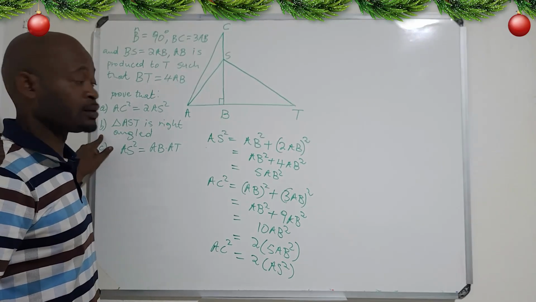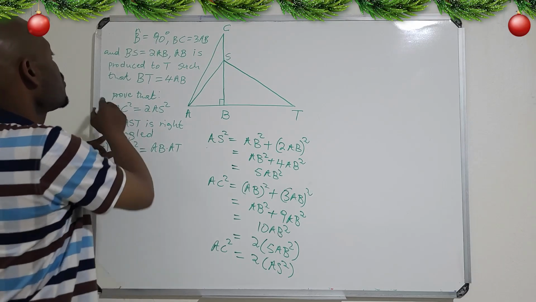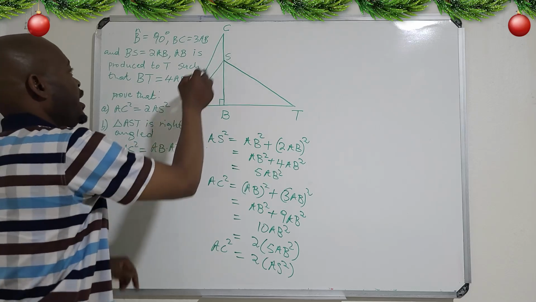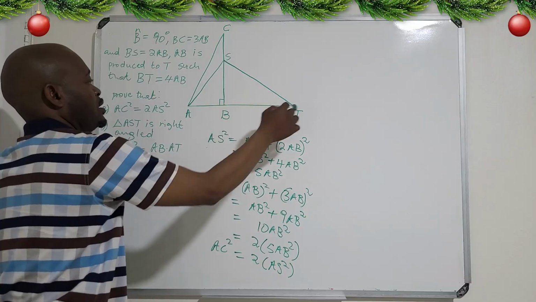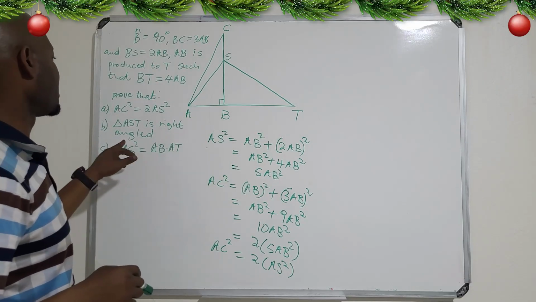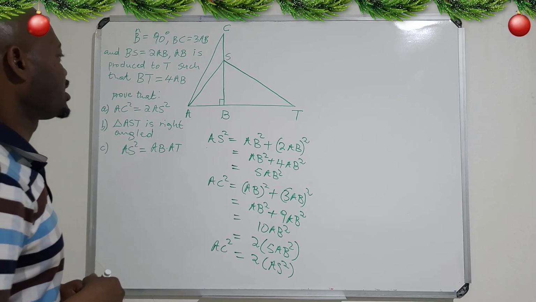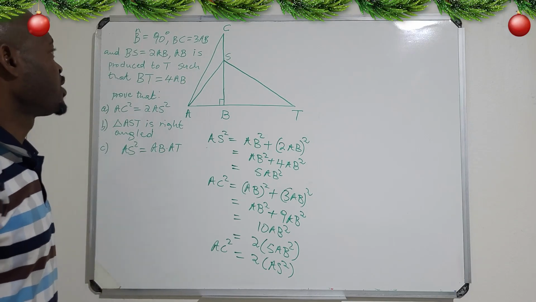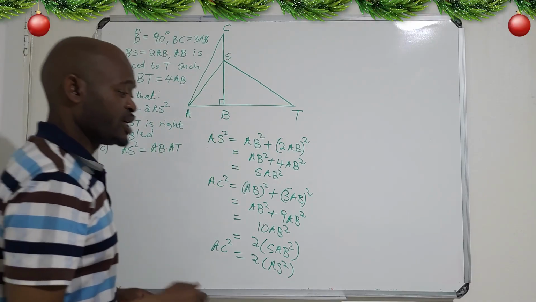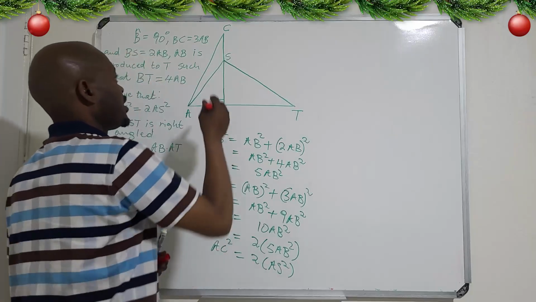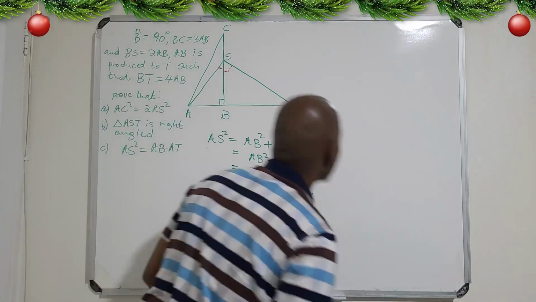Now, B. We are told to prove that triangle AST is right-angled. For us to prove that this triangle is right-angled, we can prove that it is right-angled there.